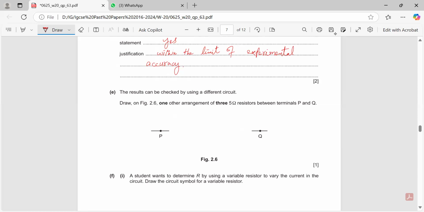Another thing I can do here, see, one 5 ohm resistor, then I can connect another combination like this. So one is in series, and the other two resistors are in parallel.